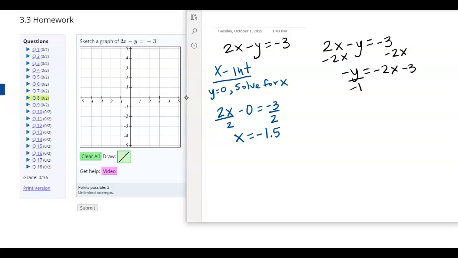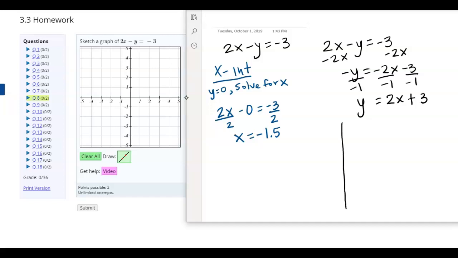And then to get y by itself, I still need to divide everything by a -1. So that will give me y equals 2x, as a negative divided by a negative is a positive, and then plus 3.